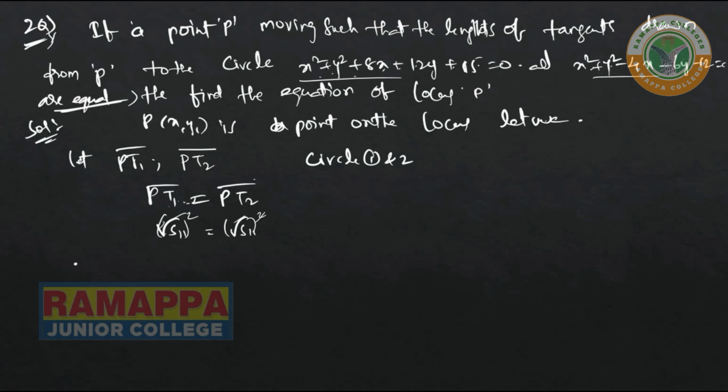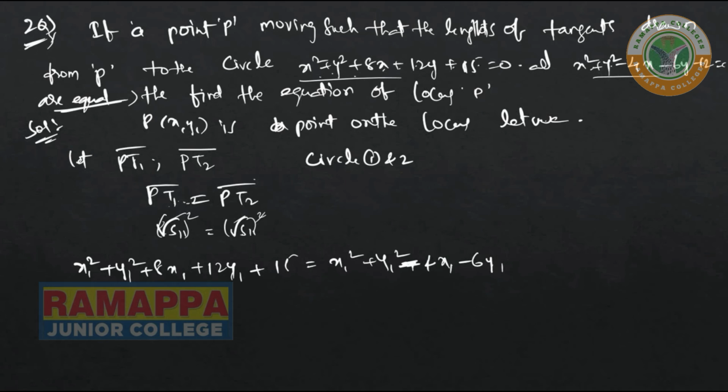So x1 square plus y1 square plus 8x1 plus 12y1 plus 15 is equal to x1 square plus y1 square minus 4x1 minus 6y1 minus 12.